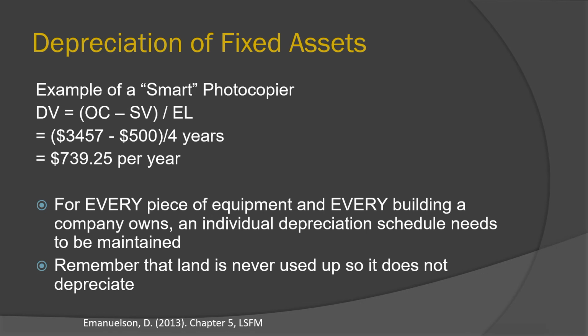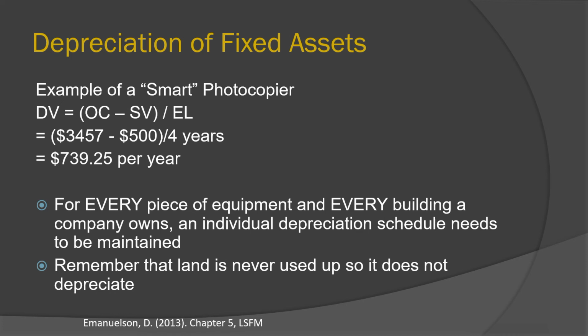And we believe that at the end of the photocopier's life, we can sell it. At least we'll get $500 back, maybe for parts or something. And we believe that the photocopier is going to last for 4 years. That means that every single year of that photocopier's life, it depreciates in value by $739.